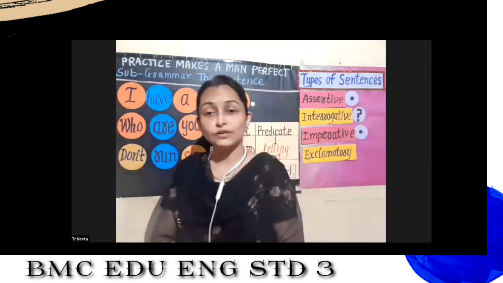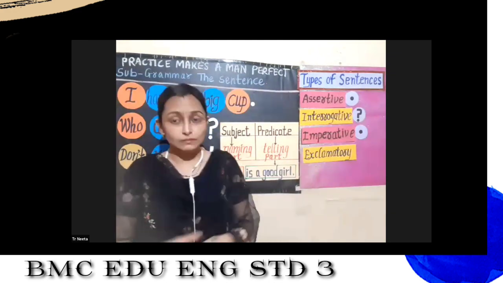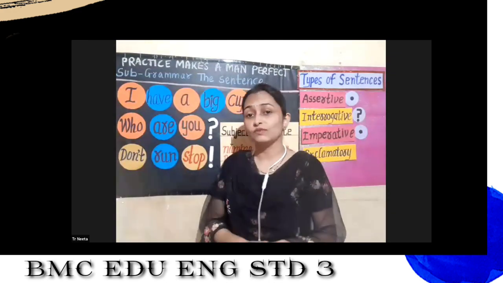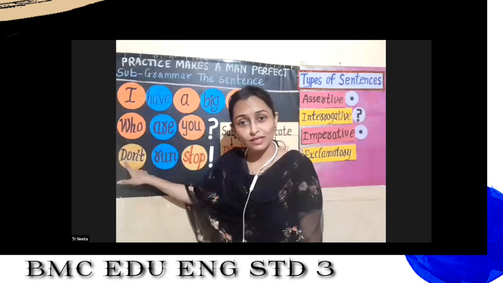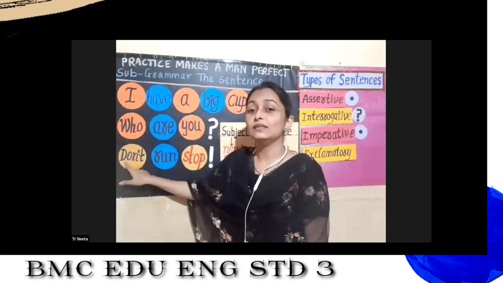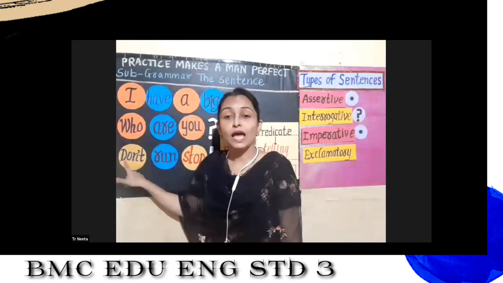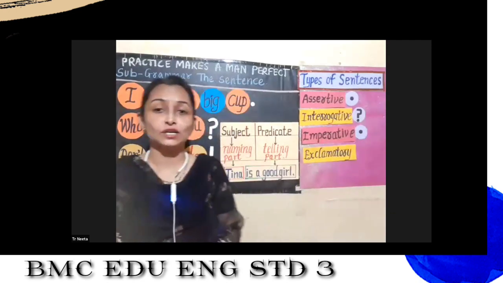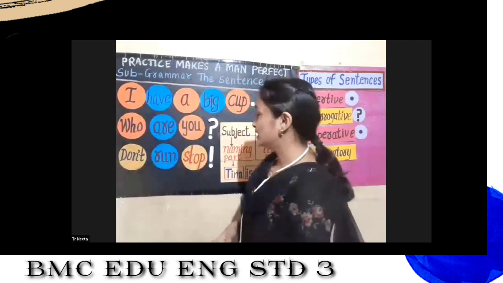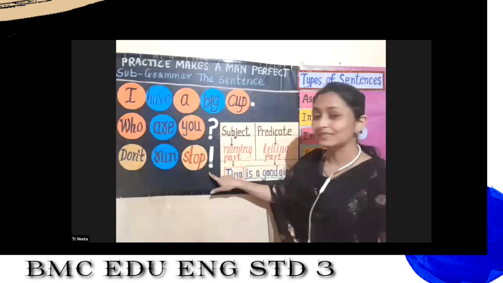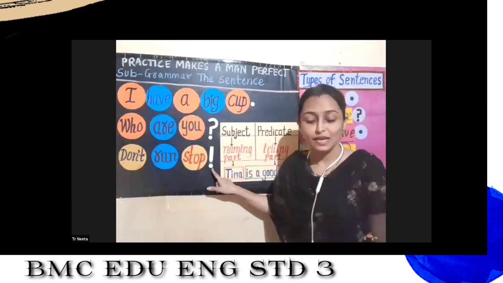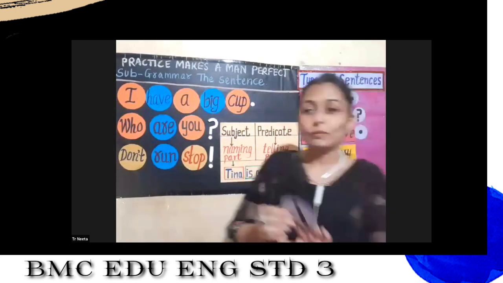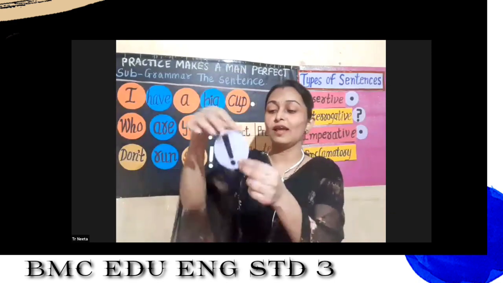In an exclamatory type of sentence, same thing: we will start with a capital letter, and at the end of the sentence, we are going to place this exclamatory mark. So, this is our exclamatory mark.